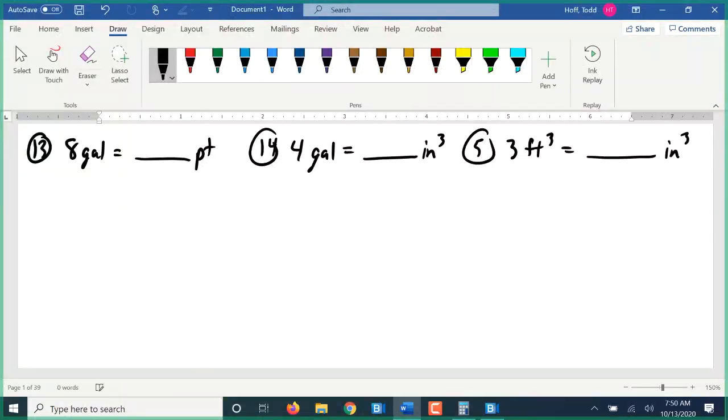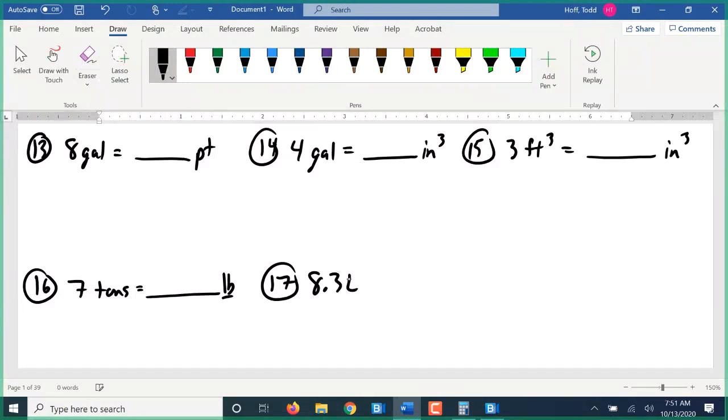We'll go from 3 cubic feet into cubic inches. Tons into pounds. Liters to milliliters, and finally, pounds into ounces. We'll go over those in just a couple minutes.